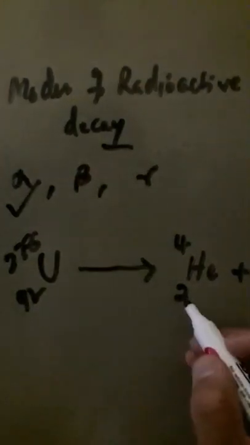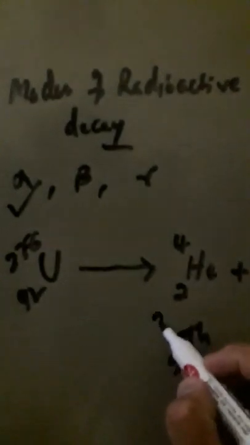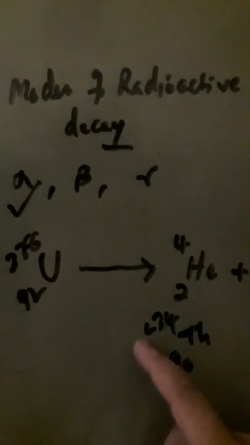This is 92, we already have 2, so here we'll be getting an element having atomic number 90, thorium probably. Here already we have 4, here it is 238, so it will be 234. So you will be getting a daughter element having atomic number 90, mass number 234.